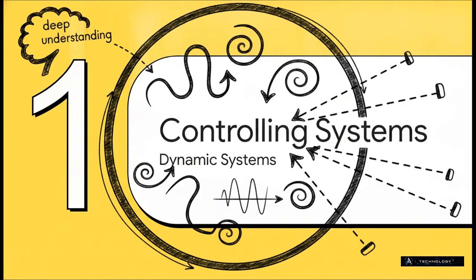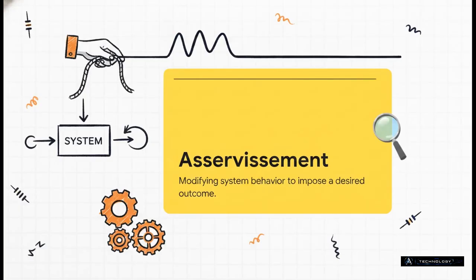Okay, jumping right into section 1, controlling dynamic systems, or basically, understanding natural behavior. Because obviously, before we can even hope to command a system, we really have to understand its natural, unforced state. Our source material actually uses this fantastic French word for this concept, asservissement. It roughly translates to control, or even literally enslavement.